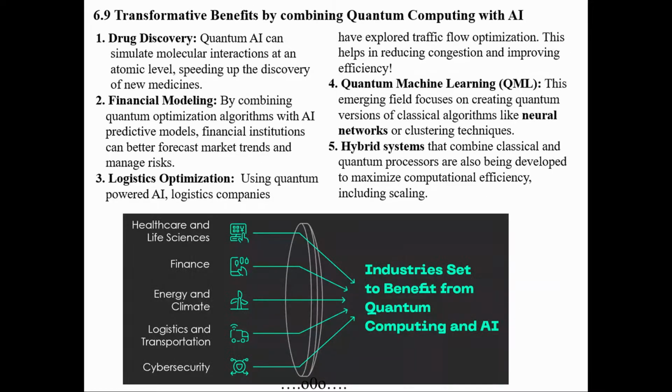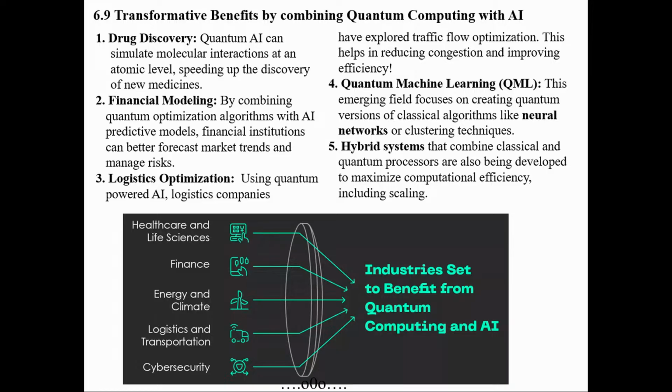Next, I think this is the last one. Some of the transformative benefits of combining quantum computing with AI: drug discovery, as I told you, because we can simulate the molecular interaction and then discover new medicines.